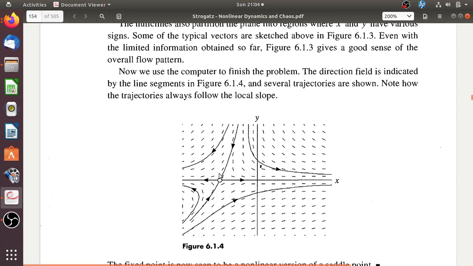So one thing you need to remember is this is not a null line. But identifying this line is one of the challenges in nonlinear dynamics.